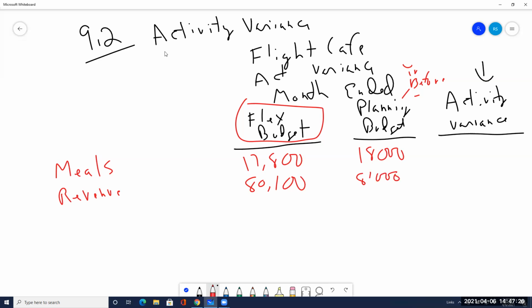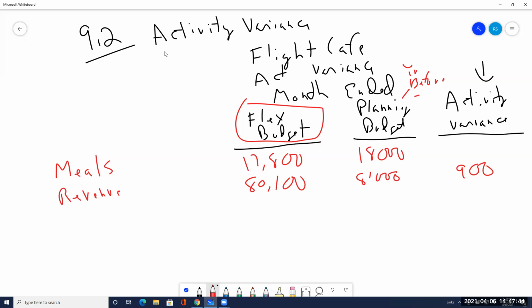Now the difference between those two is $900. And then the question becomes, is it favorable or unfavorable?